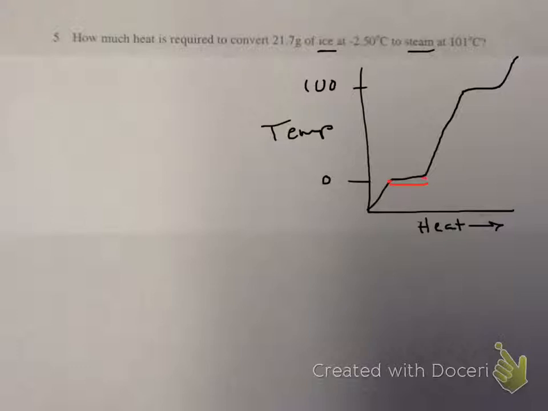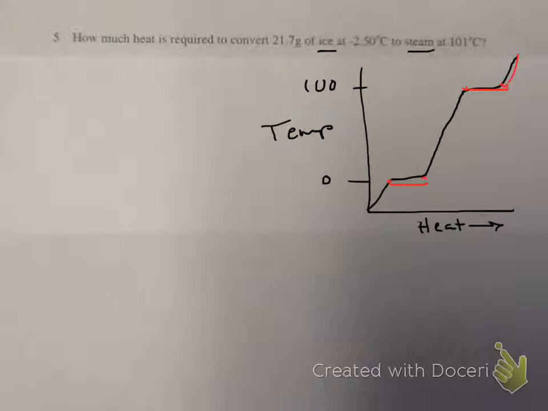After that, when we have only water, the temperature will go up with added heat until we get to 100 degrees C. At 100 degrees C, water starts to boil, and we are again breaking the rest of those intermolecular forces, converting the water into steam. That will continue until all the water is converted to steam, and then the temperature will rise again for steam.